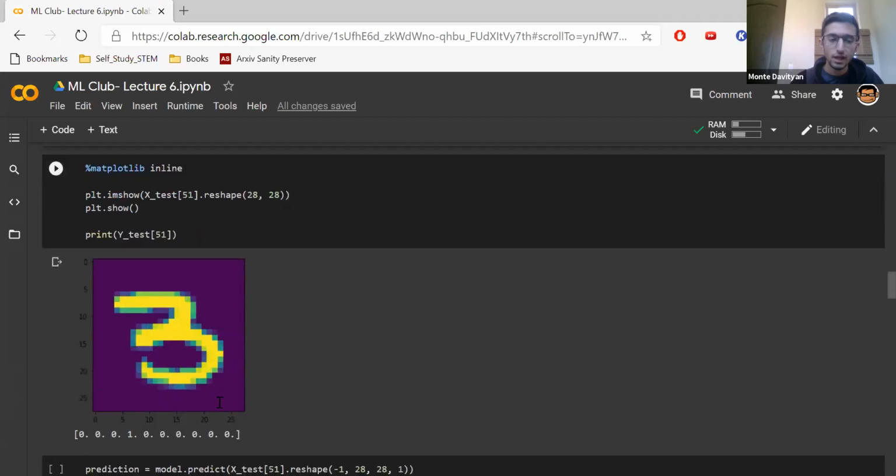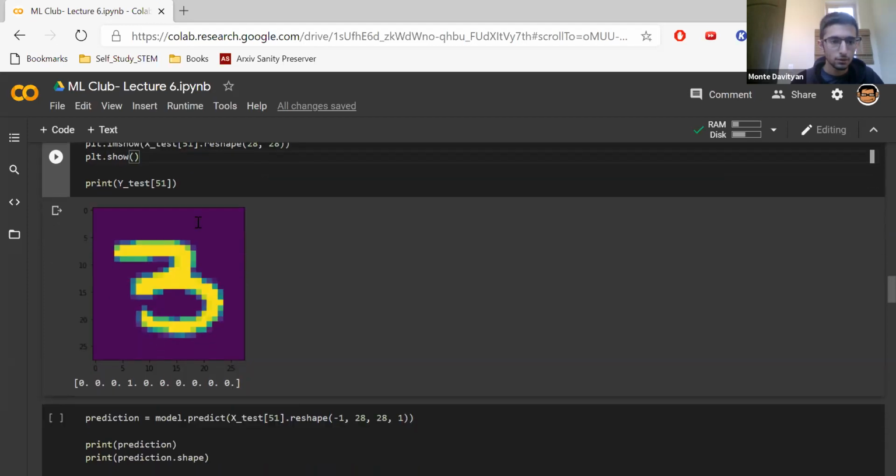And so when we actually want to go and predict something, let's say we want to predict the 51st X test image. And remember, it's never seen this 51st X test before, but it's the number 3. We can see this is the image right here. And then the corresponding output is this one-hot encoded output that we want. And we can see it's in the 3rd index, right?